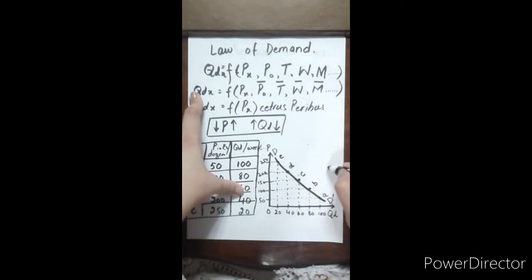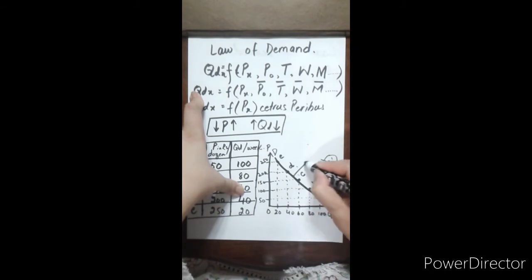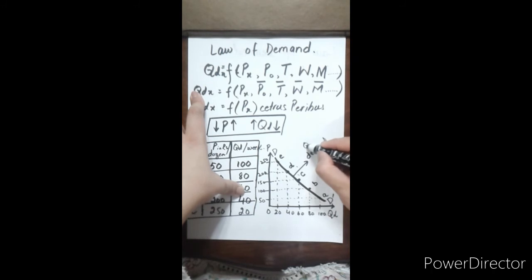I could have labeled it small d dash, but since I have used small d over here, it's not appropriate to use the same notation. So I have taken capital D dash. And I can also label it like this, demand curve. I can also add this part to it: quantity demanded is a function of price.